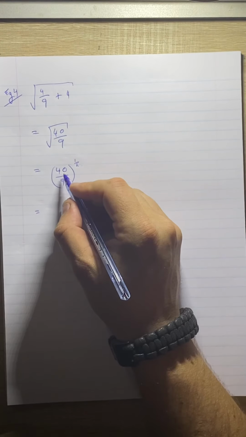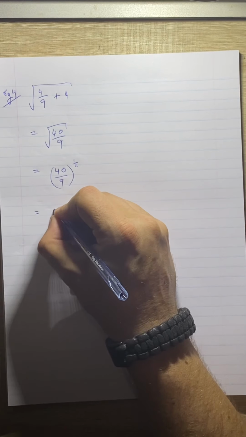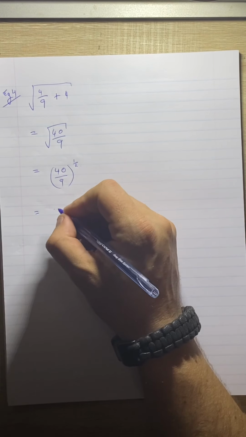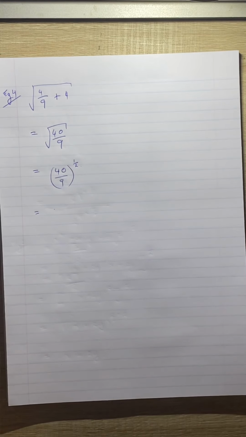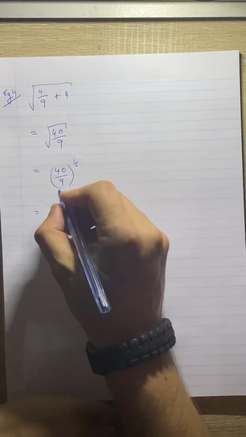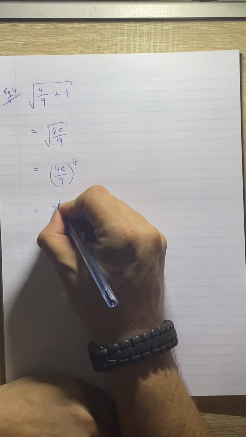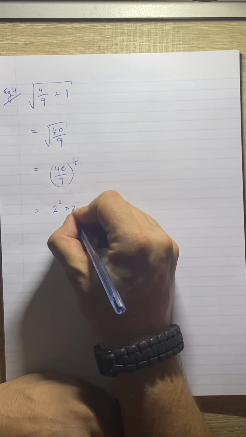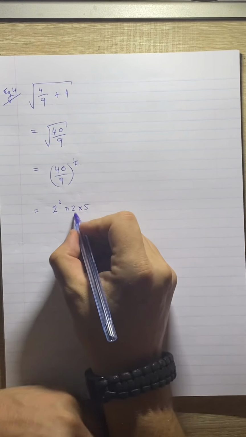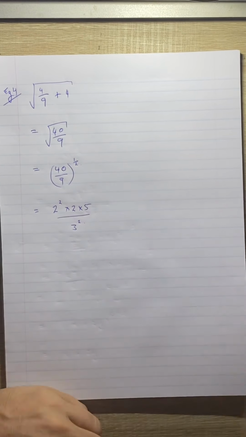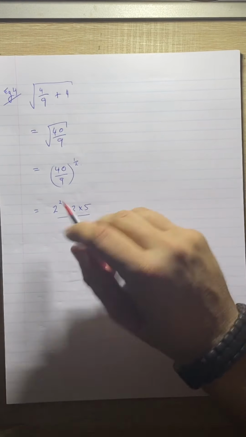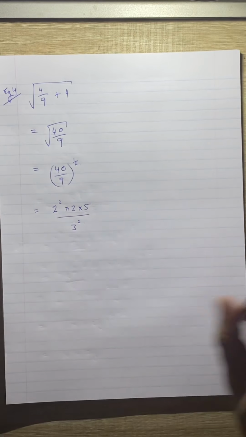So 40 is going to be what? It's going to be 2 squared times 10. So it can be 2 squared times 2 times 5. And I'll explain to you now what I'm doing here. And then this is going to be 3 squared. Okay, so grade 11s, why did I not make it 2 to the power of 3?